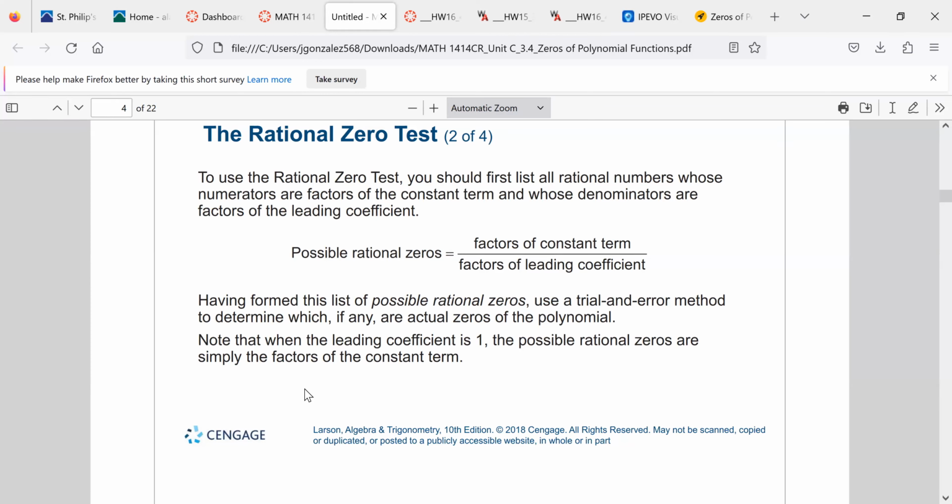The factors of constant term divided by factors of leading coefficient. Do you guys remember what leading coefficient meant or means? Right, it's the coefficient on the highest power. That's all. Okay.